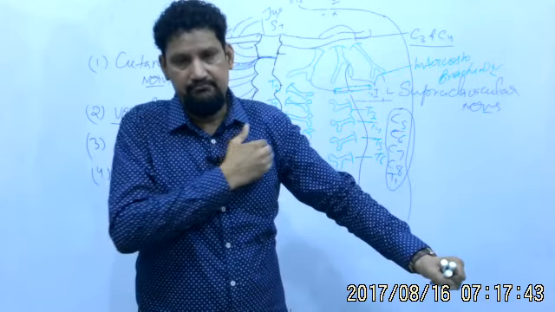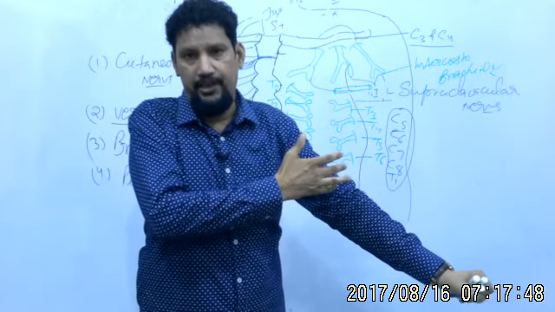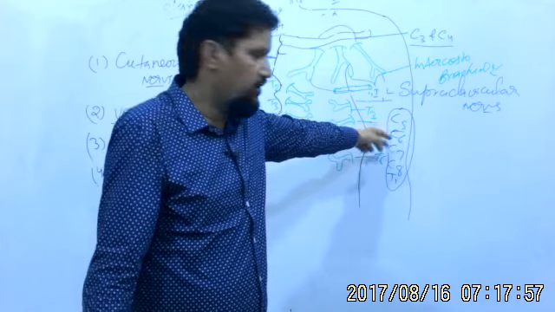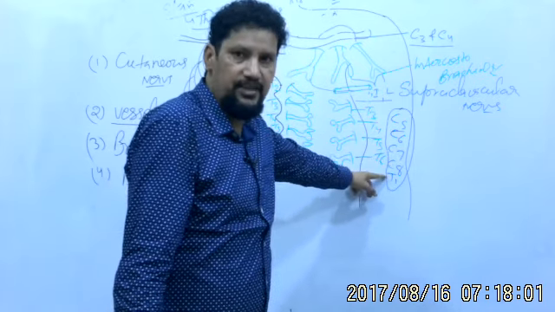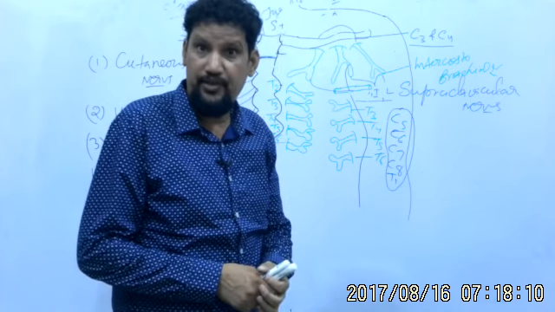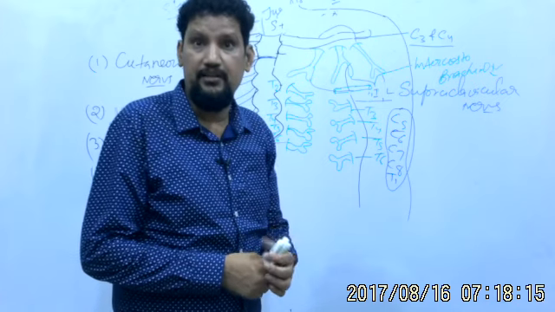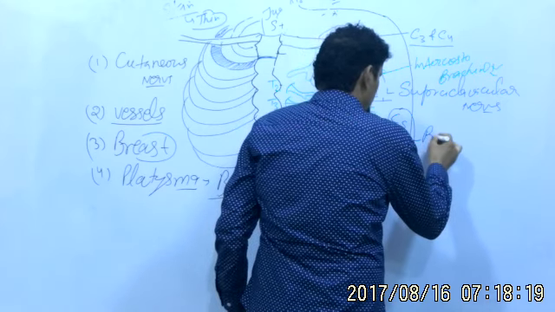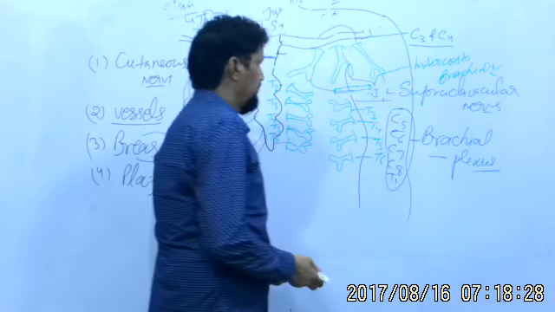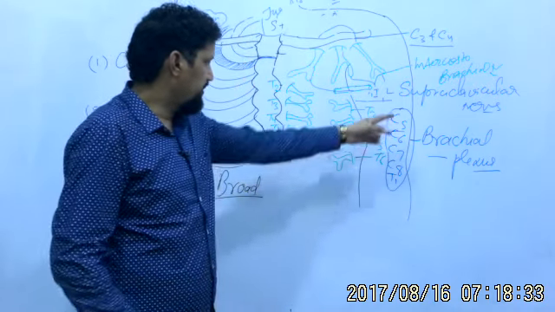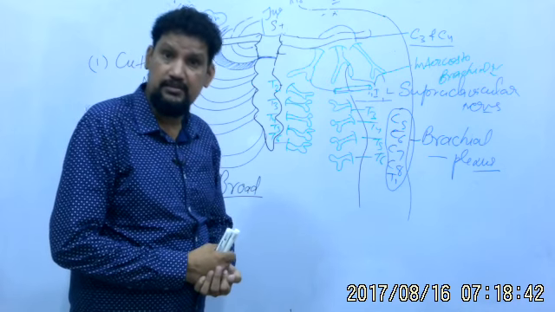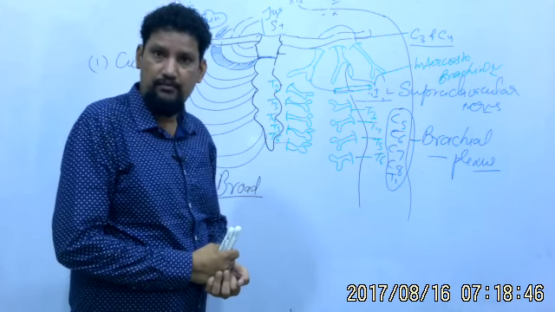During development, the upper limb bud is pulled away from the trunk, and with this pulling, the anterior or ventral primary rami of C5, C6, C7, C8 and T1 are also pulled away to form a plexus, a grid or tangle of nerves known as the brachial plexus, to innervate the muscles, joints and skin of the arm, forearm and the hand and the digits.